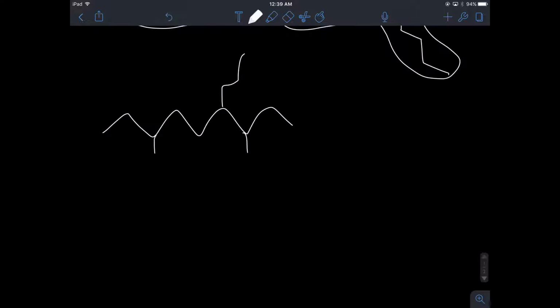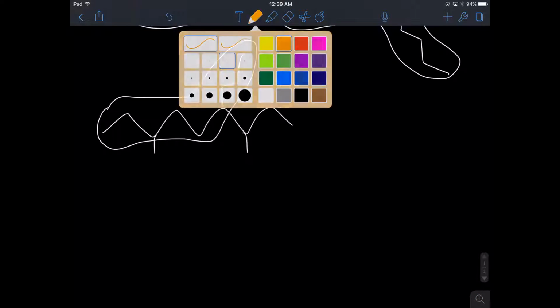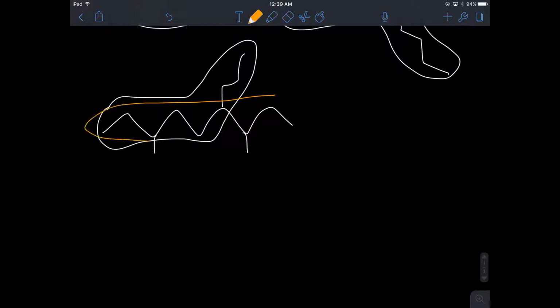See this chain right here has the same number of carbons as this chain right here. They have the same number of carbons, which is nine carbons. So how do we determine? We have to look at the substituents. The chain with the most substituents is the parent chain.